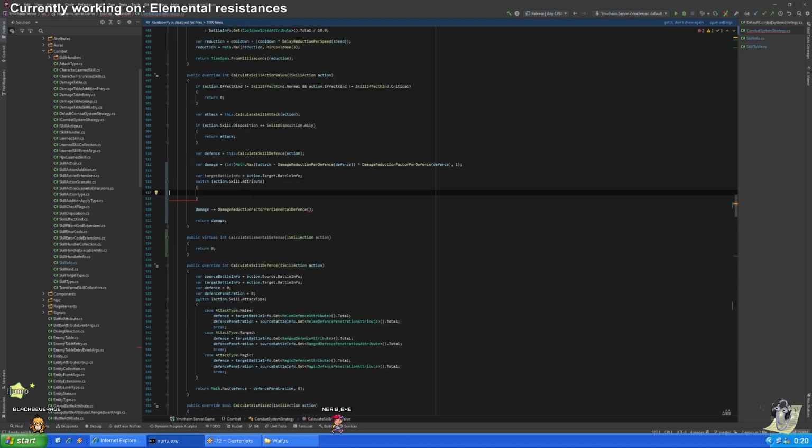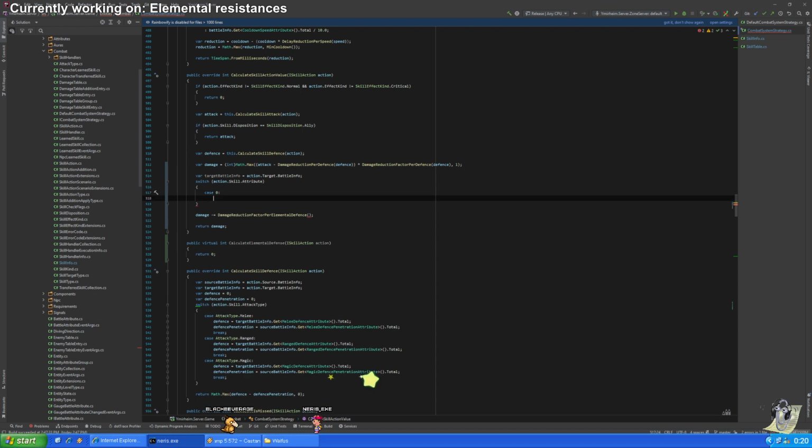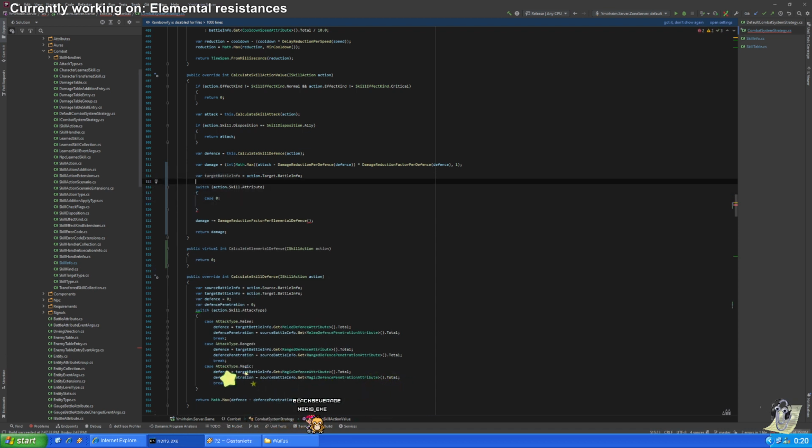So switch attributes. Now case 0. So I need elemental defense, which is gonna be 0.